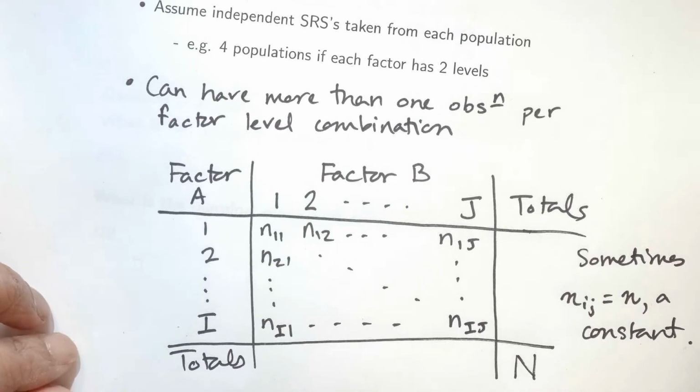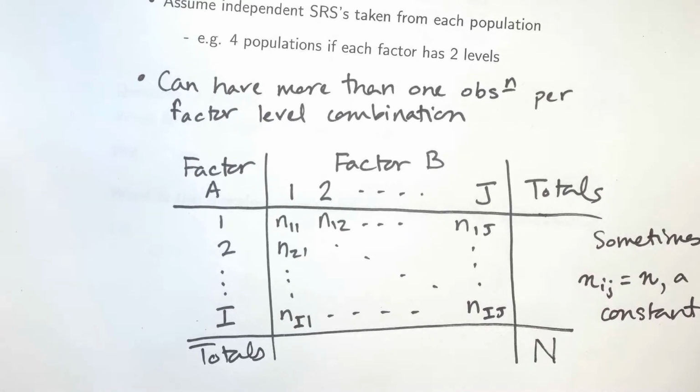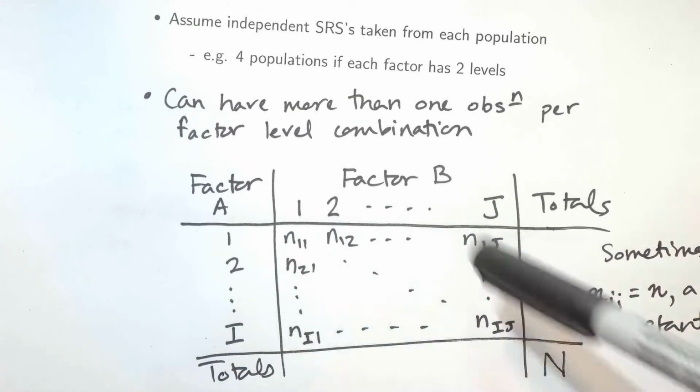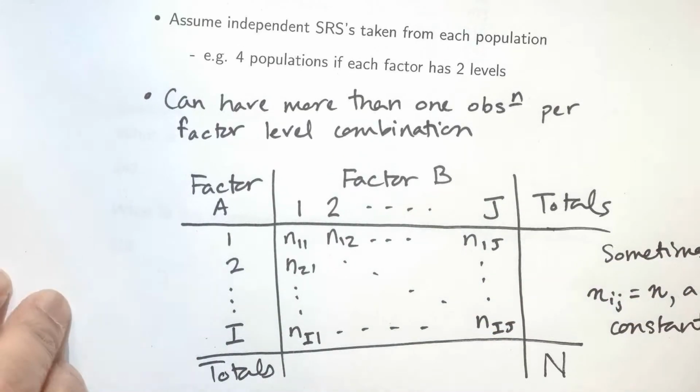And in other situations, you could imagine, we'll look at one in a moment, where there are many, many observations. So you collect a simple random sample of observations, and you don't know where in the data table they fall. So after you recruit that observation, then you look at what are the values of factor A and factor B that they have. And so there might be different sample sizes in this table.